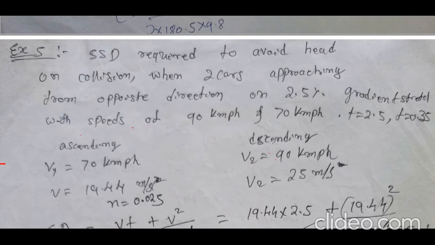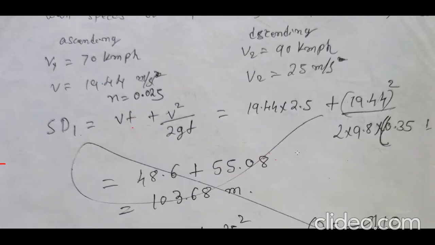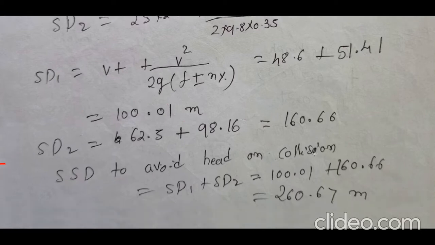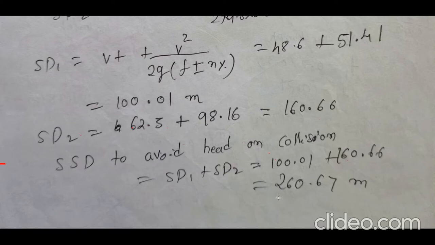Whichever is the higher value is the descending, lower value is the ascending. Here ascending minus 2.5%, here plus 2.5. You will get the values. SSD1 is 100 meters, SSD2 is 160 meters. So to avoid the head-on collision, the total distance required is 260.67 meters.